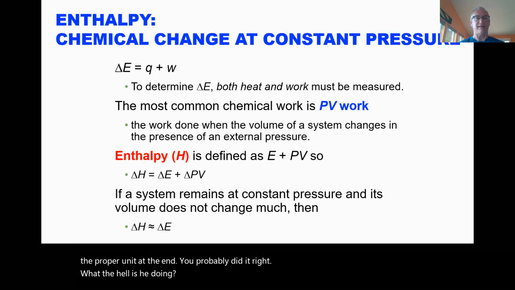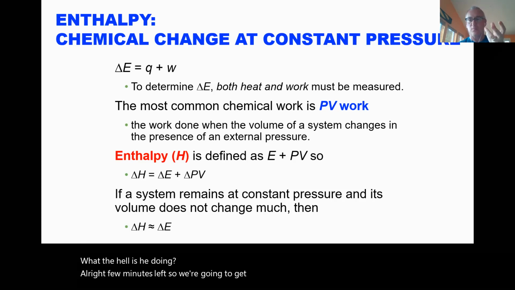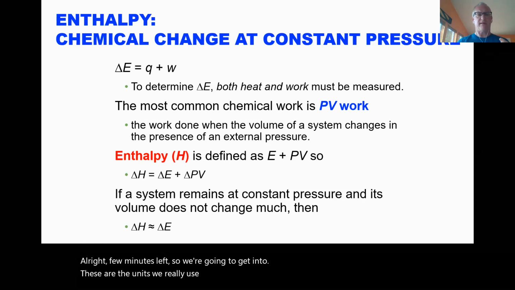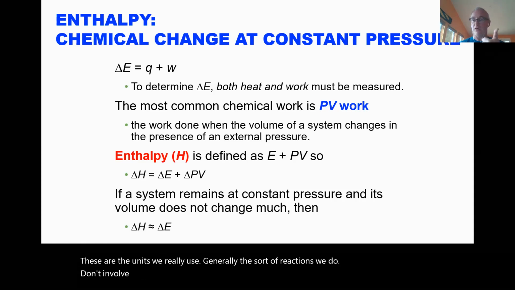All right, a few minutes left. So we're going to get into the units we really use. Generally, the sort of reactions we do don't involve a change in the volume or in the pressure. Those are only when gases are formed.